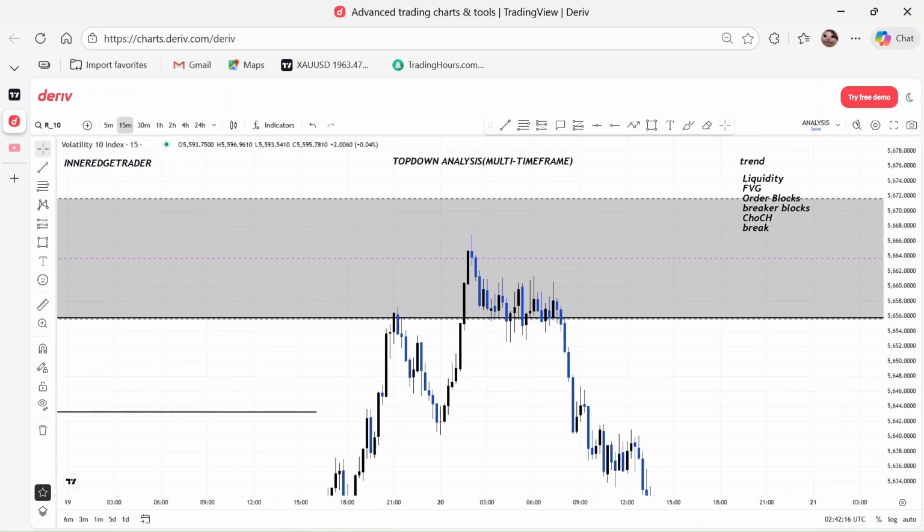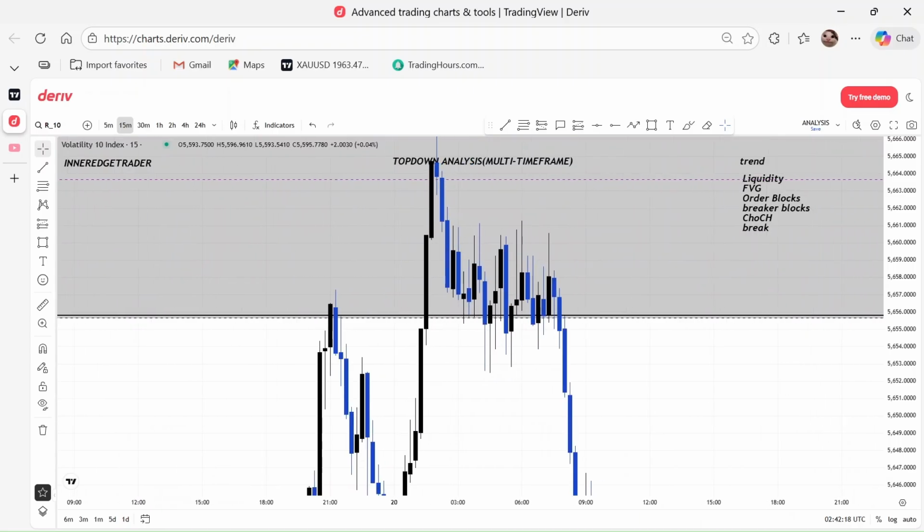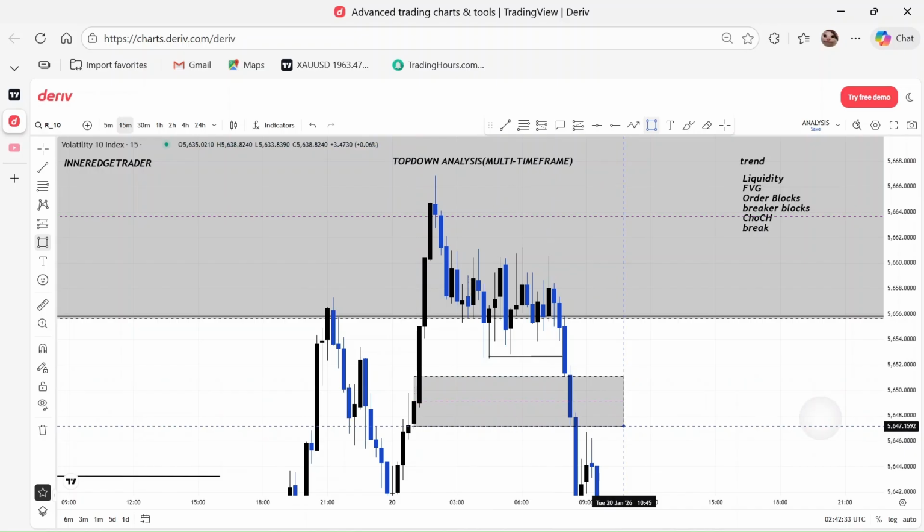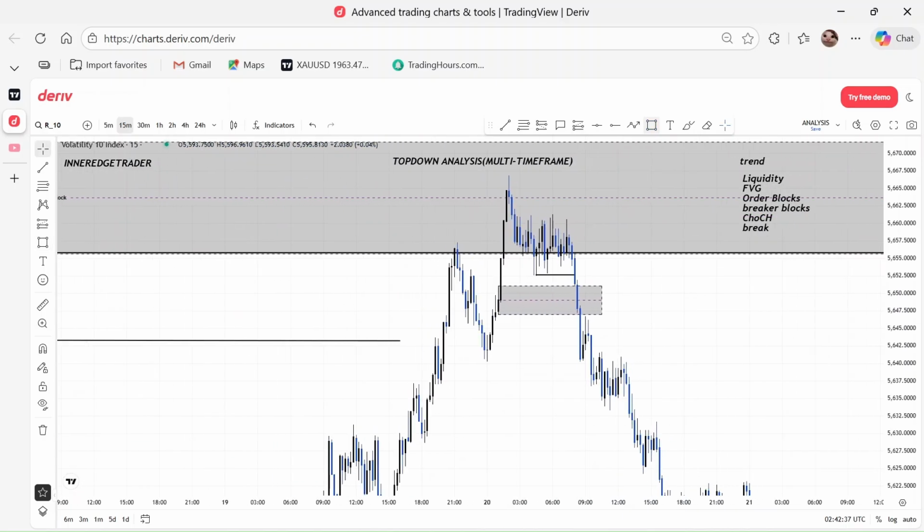So on 15 minutes after the break of structure, you notice that there's a break here. And we are supposed to expect a retest from this point. But no, the market broke through it and kept on retesting to the downside.